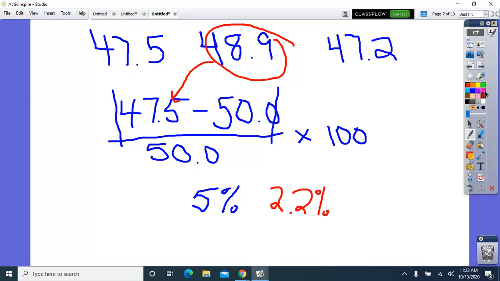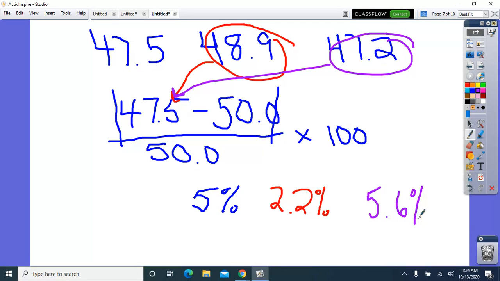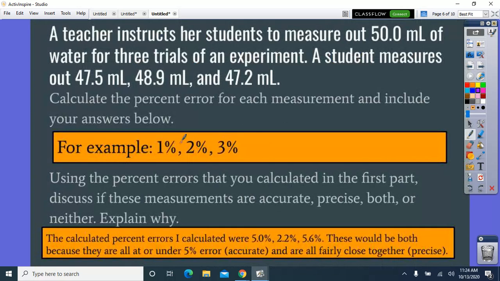And then, okay, let's do purple. 47.2 will go here, and I will get 5.6%. So those are the 3 percent errors. So those would go here: 5, 2.2, and then 5.6. And then you would use them to describe if they were accurate, precise, both, or neither.